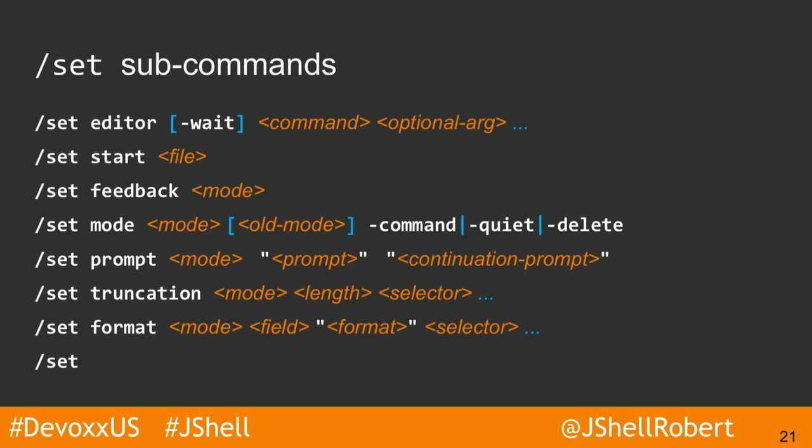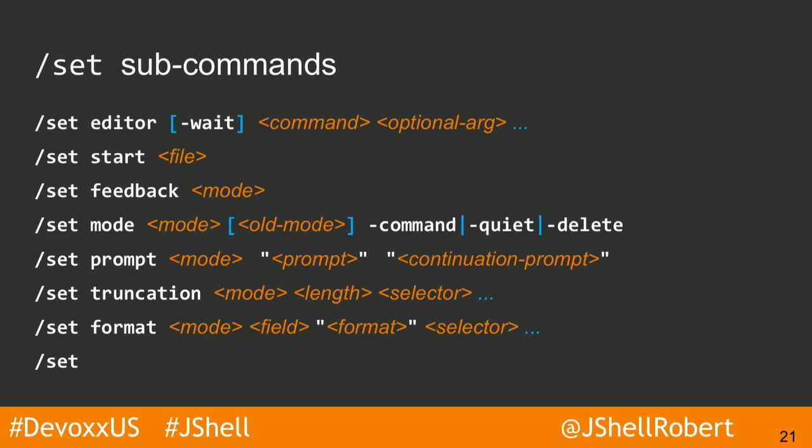There's a startup file that has print line, printf, and so forth defined. Next, there are predefined feedback modes like verbose or concise, or you can define your own, and that allows you to set what feedback mode you want.